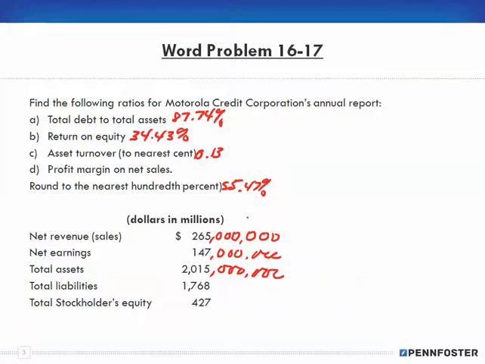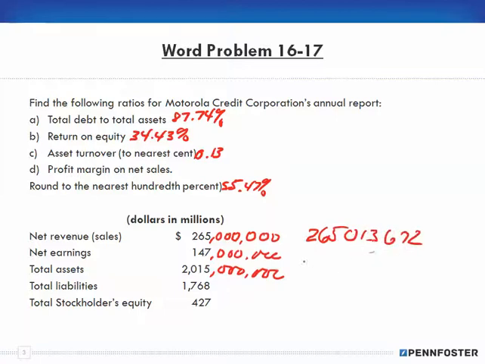Now, obviously, it makes no sense to be writing out all of these zeros. It just creates inefficiency and more levels of inaccuracy. So when you have figures like this, they'll oftentimes round. Let's say this number is actually 265 million, 13,672.